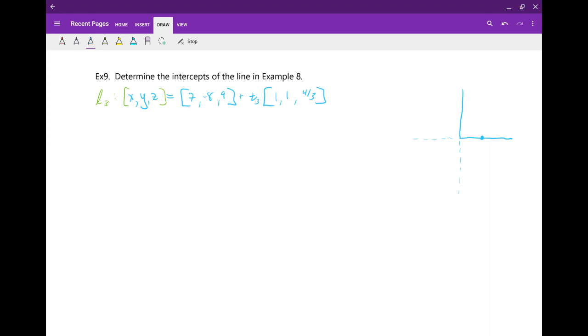To find an x-intercept, you set y equal to 0 because all the points on the x-axis have a y-coordinate of 0, right? And then likewise, all the points on the y-axis have an x-coordinate of 0. And so for the y-intercept, you set x equal to 0. For the x-intercept, you set y equal to 0.